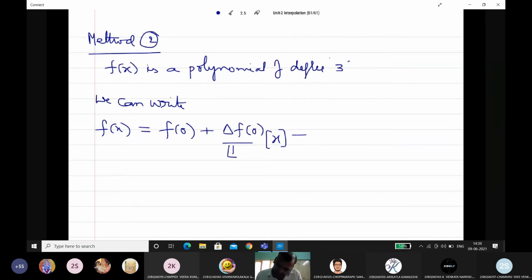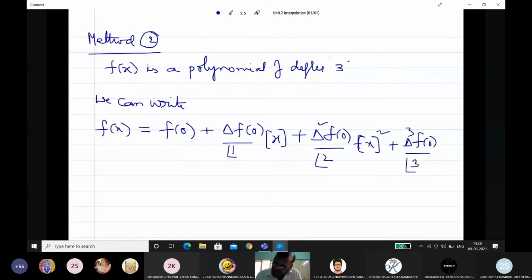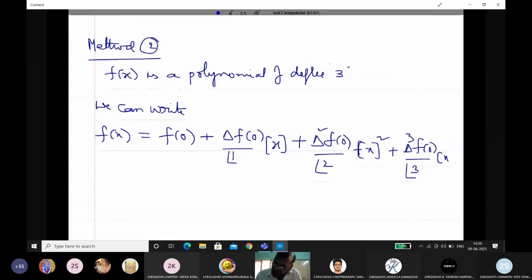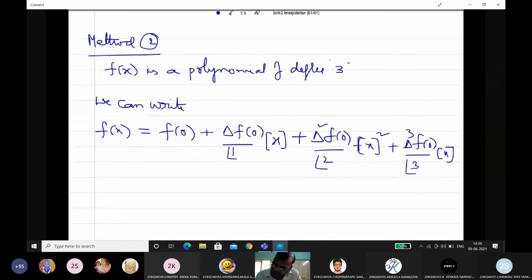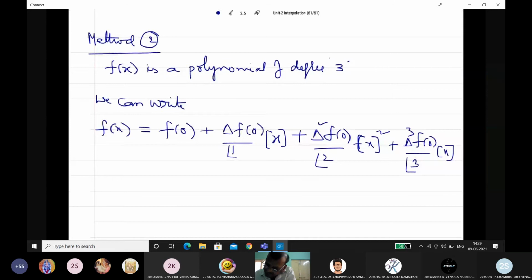Plus del square of f of 0 by factorial 2 into factorial x square, plus del cubed of f of 0 by factorial 3 into factorial x cubed.